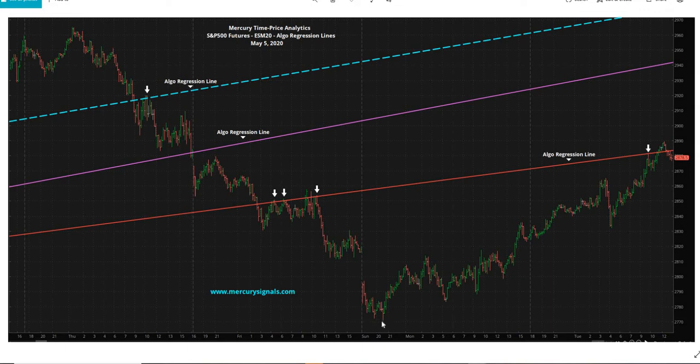So Sunday night, you came down into, let's call it 27.75-ish. You had a 115, 120 handle move back that literally stopped to the tick at the same regression line that it failed at on Friday. That's not an accident.